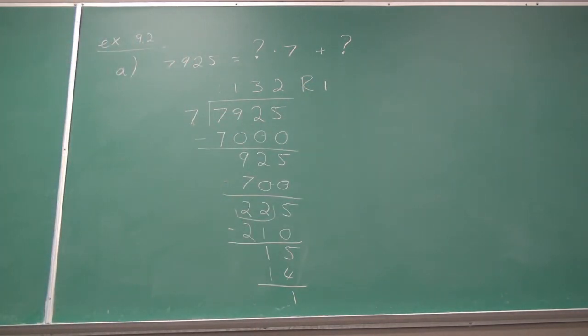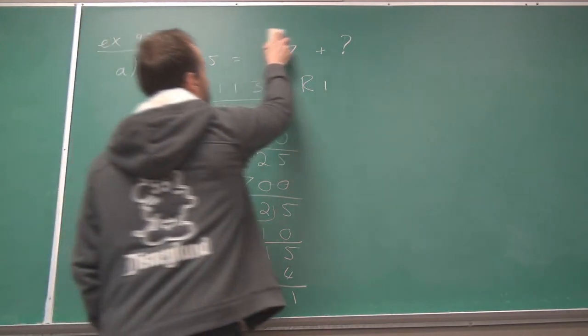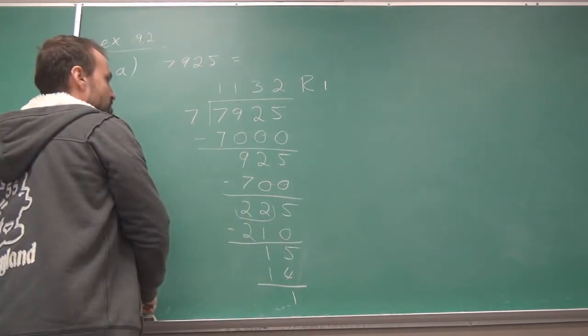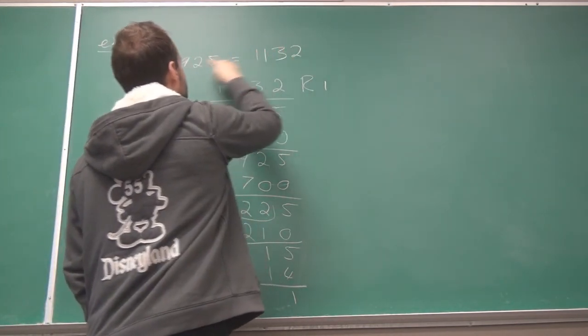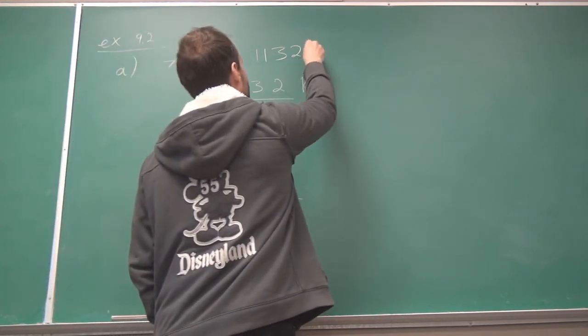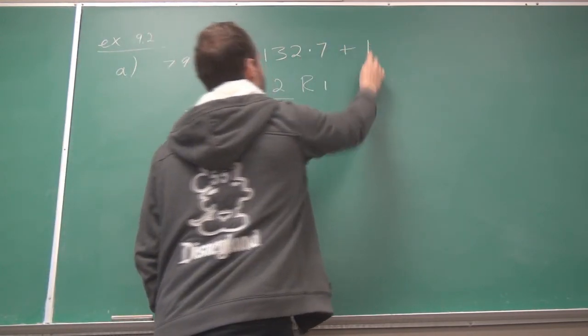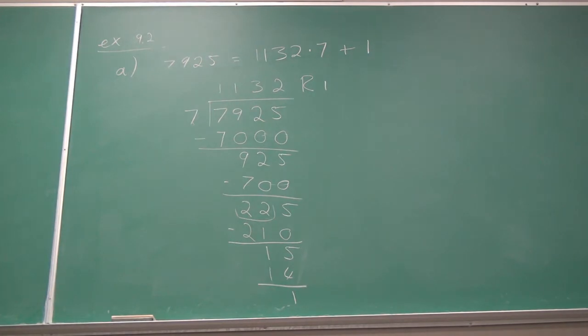And we usually write it like that. How does that tell me how to break up my original number using 7? It means 7 can fit into this 1,132 times with 1 left over. We have to be competent in, well, more than competent in long division.